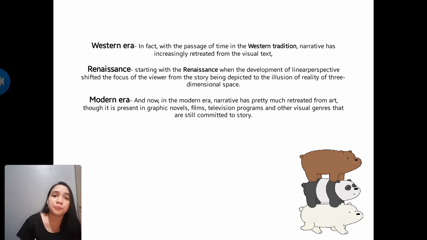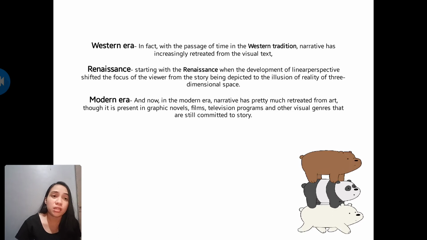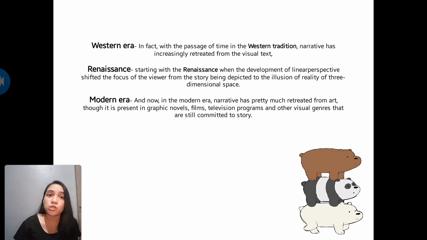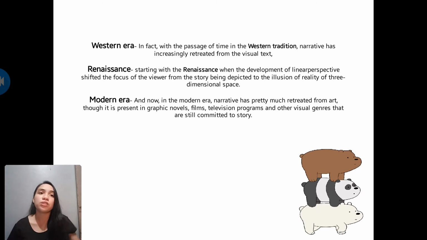So in the modern era, narrative or text is retreated or taken away from art, but narrative art is present until today in novels. Yes, we can see pictures in novels, but they also have a lot of text, films, television programs, and other visual genres.